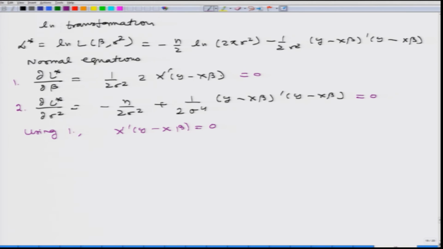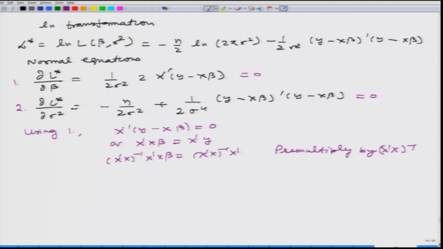This can be written as X transpose X beta is equal to X transpose y, and when I pre-multiply by (X transpose X) whole inverse, we obtain (X transpose X) inverse X transpose X beta is equal to (X transpose X) inverse X transpose y. So, we obtain beta is equal to (X transpose X) inverse X transpose y, and this we denote as beta tilde.